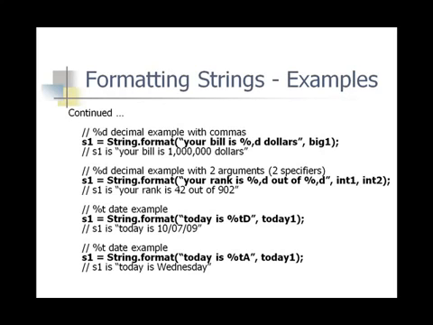So if we want to format two things, and the things could be numbers, dates, whatever, we're going to have two format specifiers in here. So your rank is 42 out of 902, and here you're going to have to look up in the API one of the many ways you can format a date.